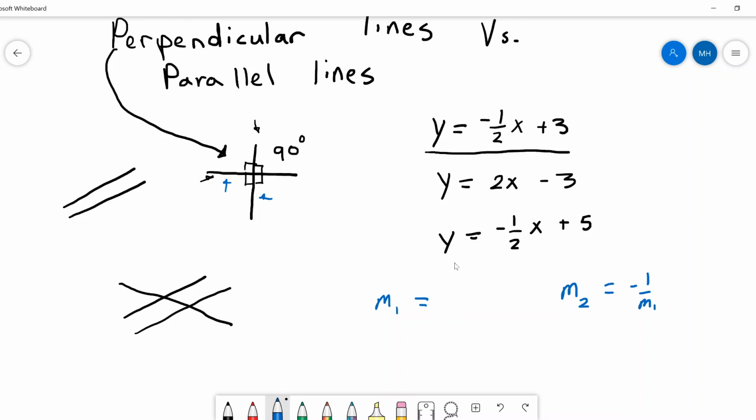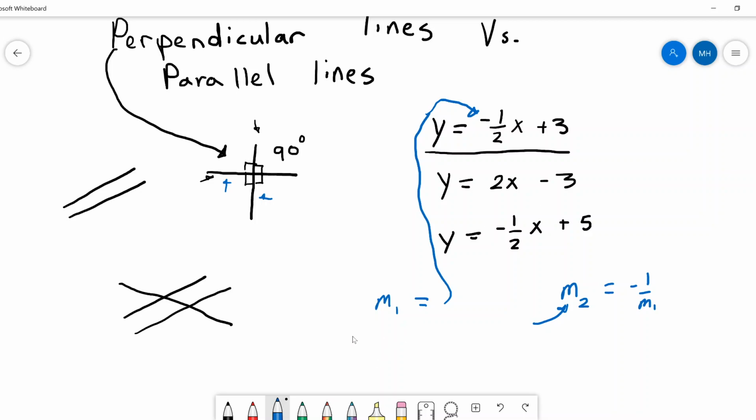So let's just draw an arrow for our example here. That's the equation they give you in the problem, and that slope is going to be negative 1 over 2. Your slope of the perpendicular equation is going to be m2, which is negative 1 over m1.